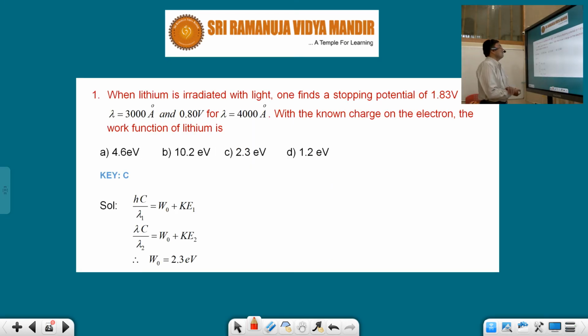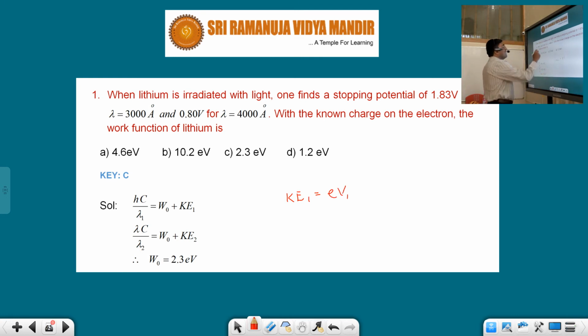When lithium is irradiated with light, one finds a stopping potential of 1.83. Here the stopping potential value is given. Stopping potential is nothing but KE, so KE1 is equal to eV1.